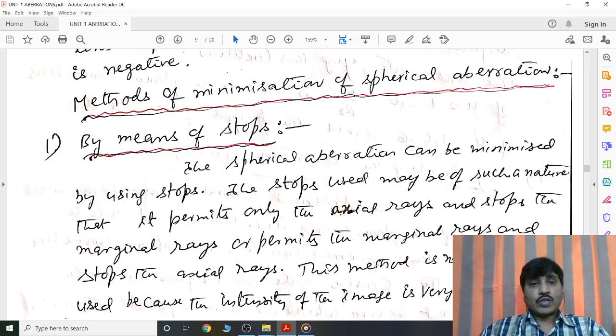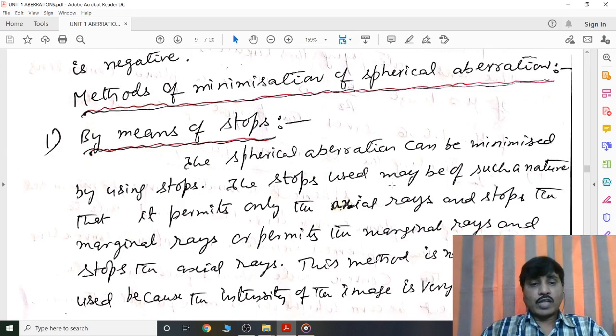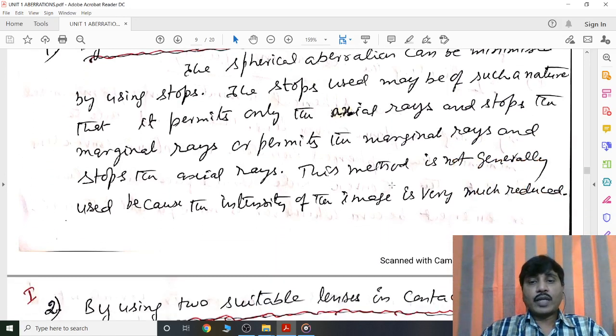Now, first of all, I would like to explain the first method. By means of stops, we can minimize the spherical aberration. The stops used may be of such a nature that they permit only the axial rays and stop the marginal rays, or permit the marginal rays and stop the axial rays.